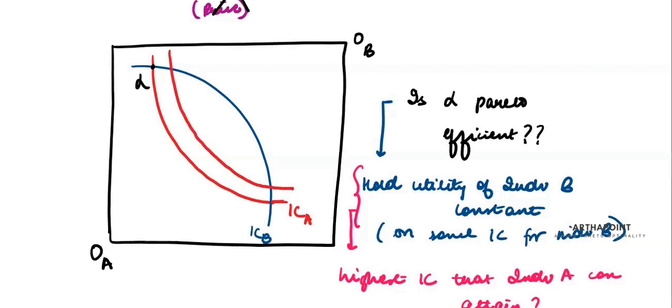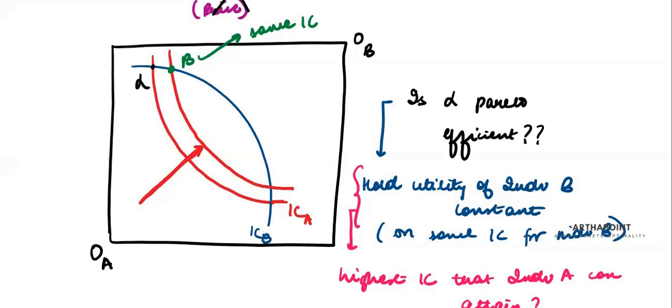If I take individual A to a higher indifference curve and look at this point, beta, then at beta, individual B is on the same IC because he's on that same blue curve. But individual A has been able to go on a higher indifference curve and has been able to increase the utility because he is going more away from the origin.